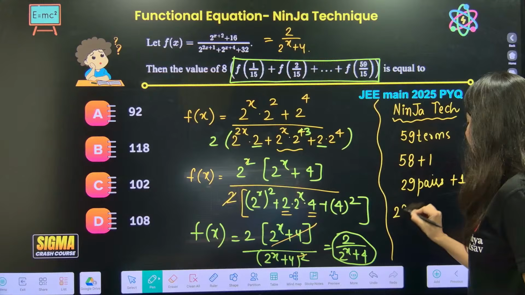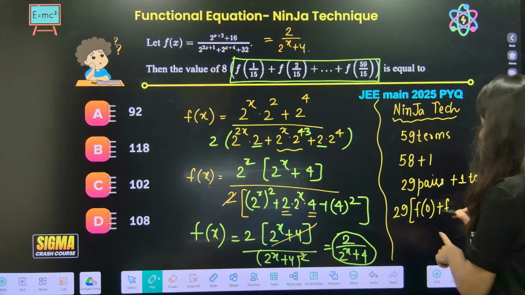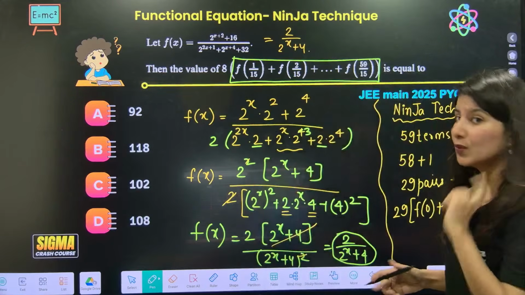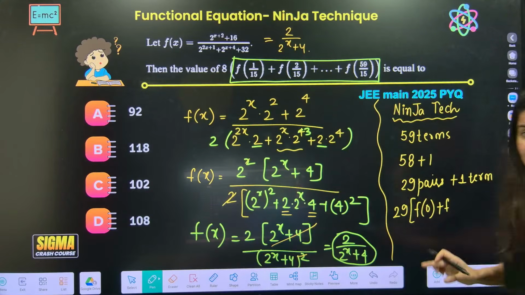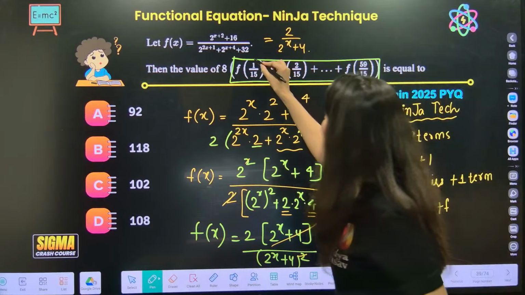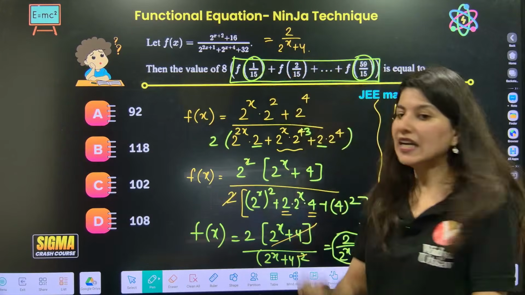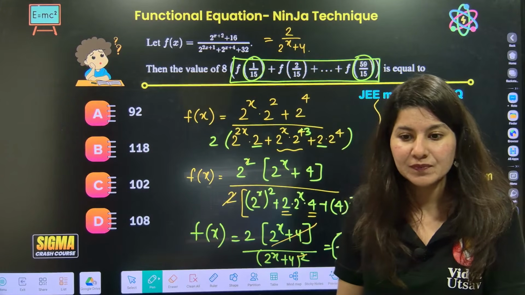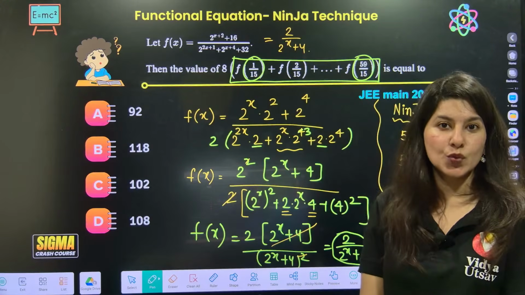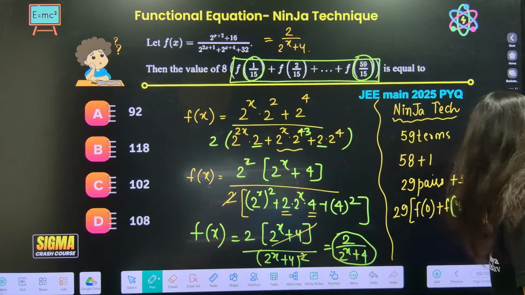Okay, now 29 into f of 0 plus f of 4, which is nothing but the sum of first and last. What is the sum of first and last in this question? Tell me. So ma'am, 1 by 15 and 59 by 15. If you add these two, so ma'am, 60 by 15. 60 by 15 is 4.